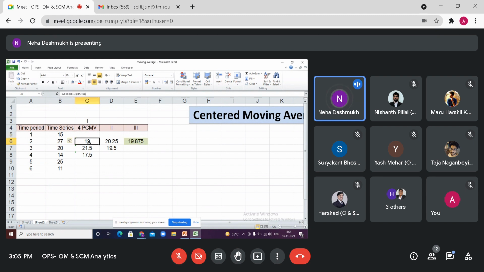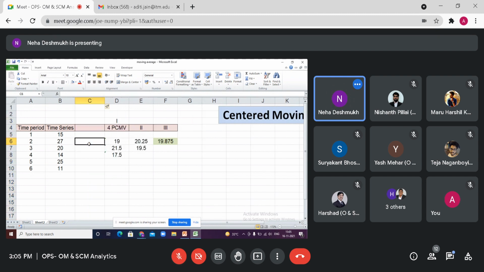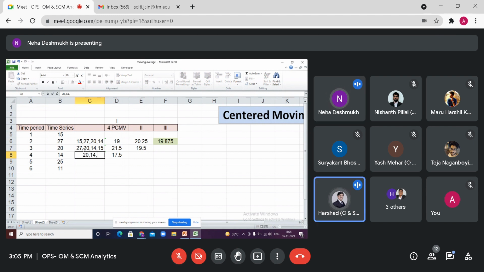Select the cell and calculate the average of the first four values: 15, 27, 20, 14. When you calculate the average, you will get 19. Now the next one is 27, 20, 14, 15, also the average of these. Now the next one is 20, 14. Ma'am, we understand the first two. How does the last stage come, 19.87? It is the average of these two values.